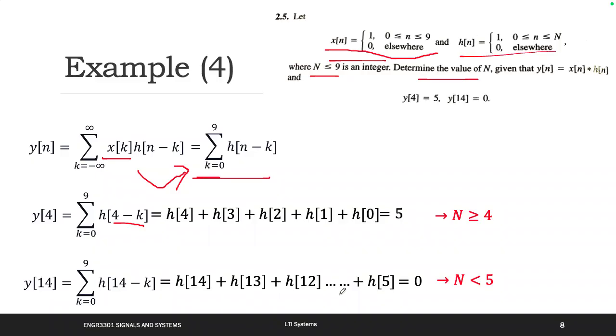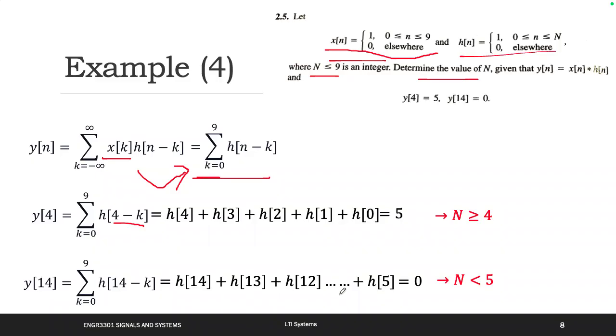So anything in between 4 and 5, but it must be an integer. You can see it cannot equal 5, but it can equal 4. So it must be 4, right? Yeah. It must be 4.